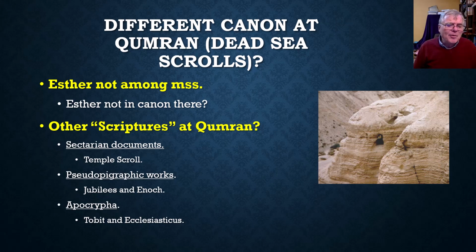And they had a couple of the books of the Apocrypha, the Book of Tobit and the Book of Ecclesiasticus, also called Sirach. Again, does the fact that they had these books in their library, plus some others not mentioned here, mean that they accepted those books as scripture as well?